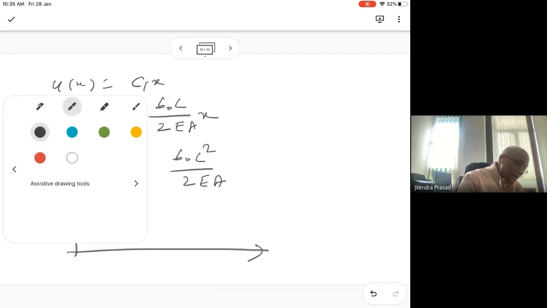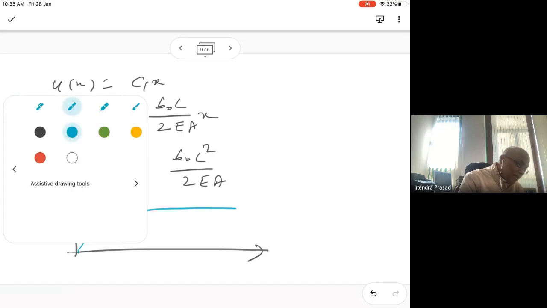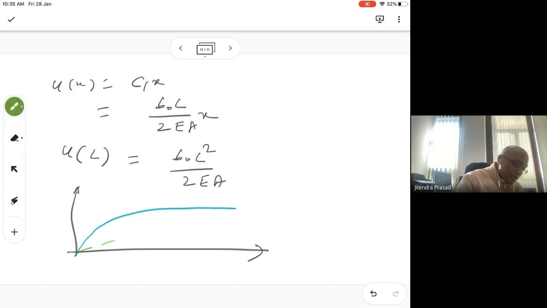The exact solution, as you know from the last class, goes like this, and this solution will be like this. This value is b naught L squared over 2 EA. The axes are x and u.